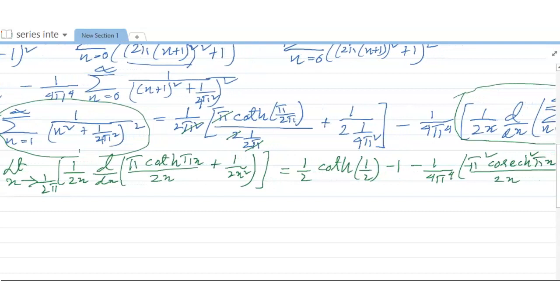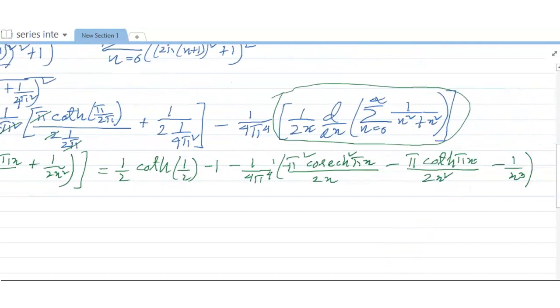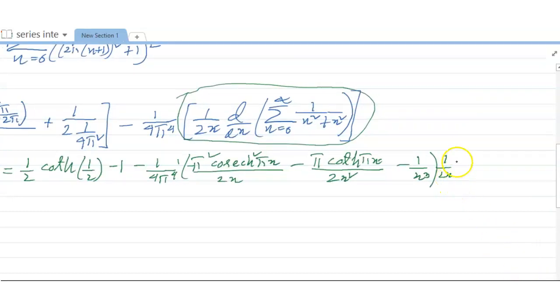So and into 1 by 2x where x is equal to 1 by 2 pi, x is equal to 1 by 2 pi.